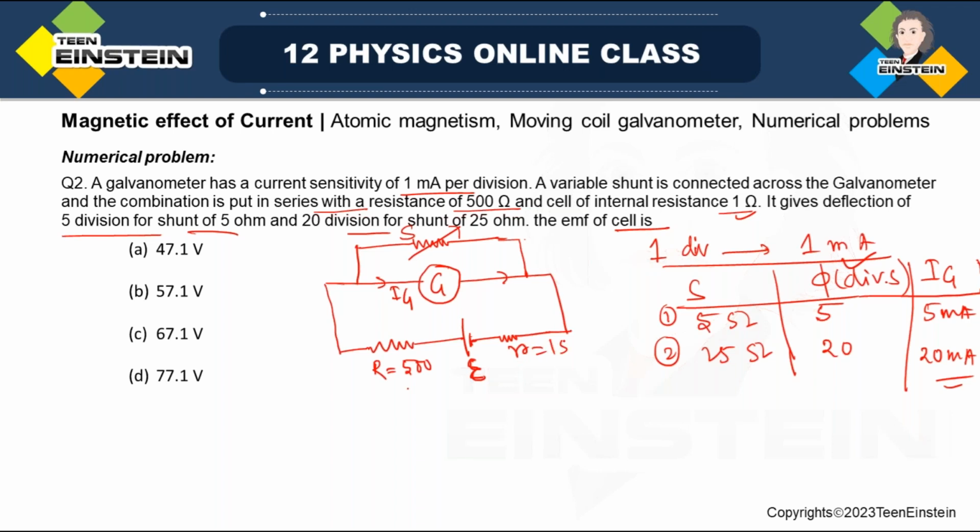This is 1 ohm, 500 ohm. So there are two observations: when the shunt is 5 ohm, then 5 divisions. When 25, then 20 divisions.